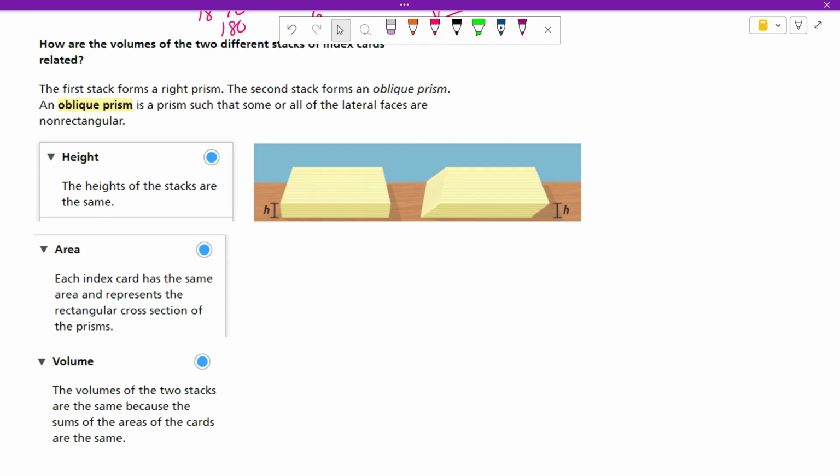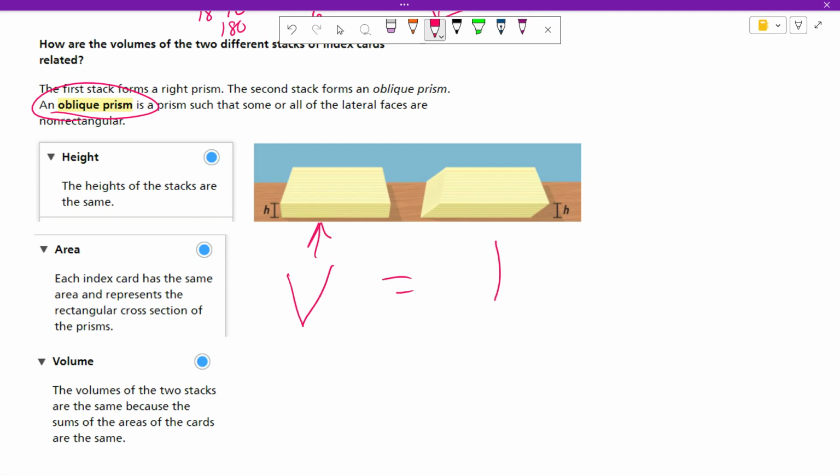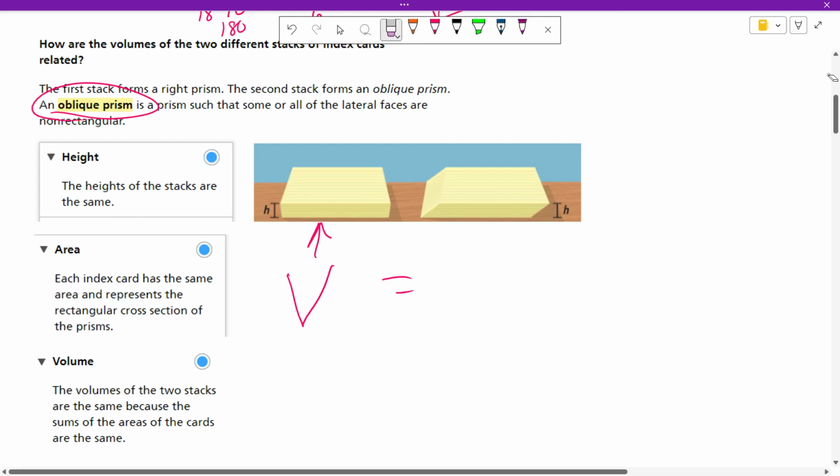In an oblique prism, the Leaning Tower of Pisa type of prism, the volume of straight up and down equals the volume for leaning. These volumes are the same.